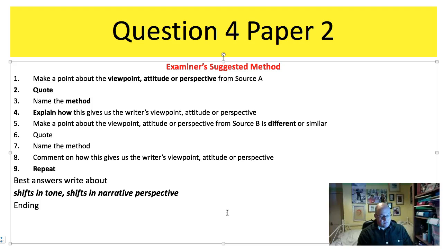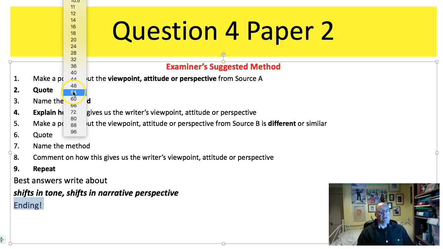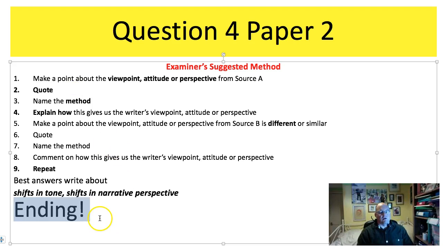That is correct. I hope you got that. You find those in the endings. So get your quotations, or at least 2 of your quotations, from the end of the text, because that will always give you a shift in focus or tone. Right, that's it. Simple as that, isn't it? Really pleased that the examiner's report was so helpful there.